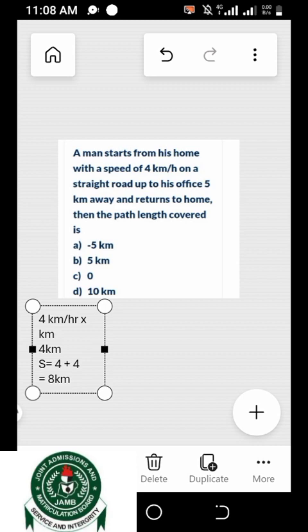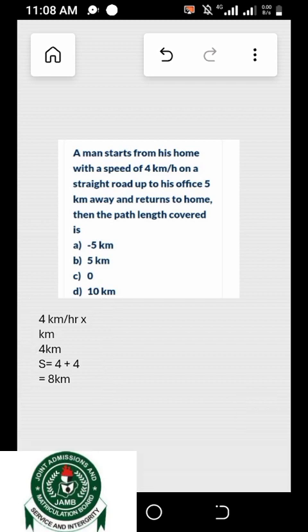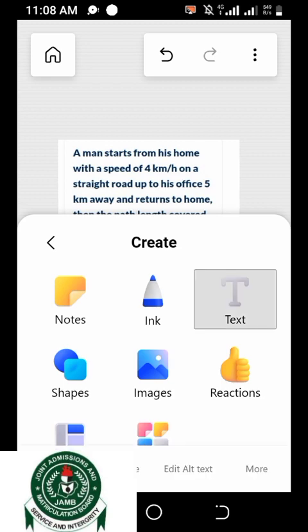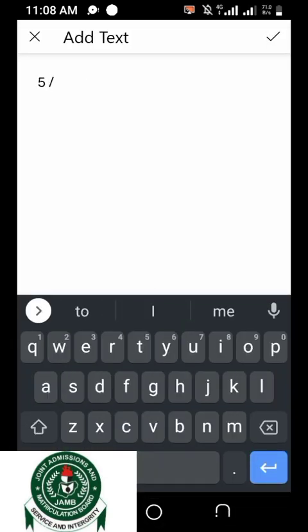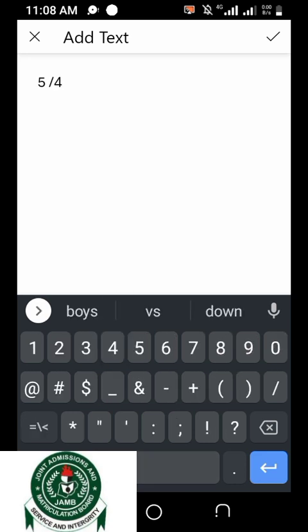So looking for the time is our distance over the speed. So our distance is 5 over the speed, which is 4, plus 5 again over the speed, which is 4.